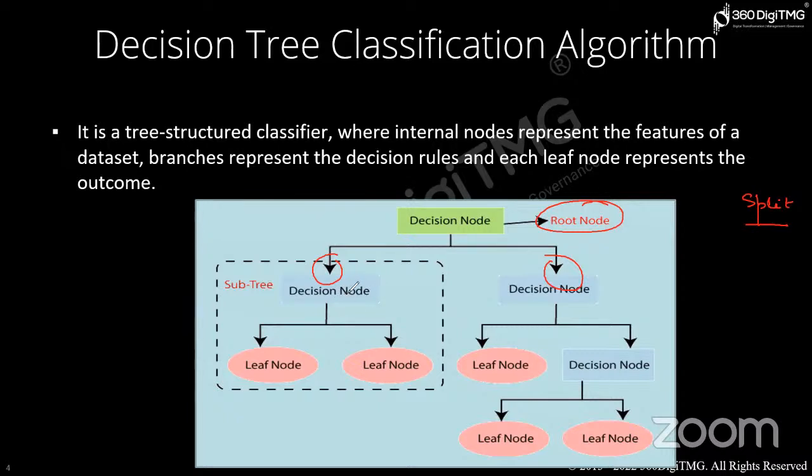When a subnode splits into further nodes, then it is called your decision node. You see over here. Another thing that you have is called your leaf node or your terminal node.